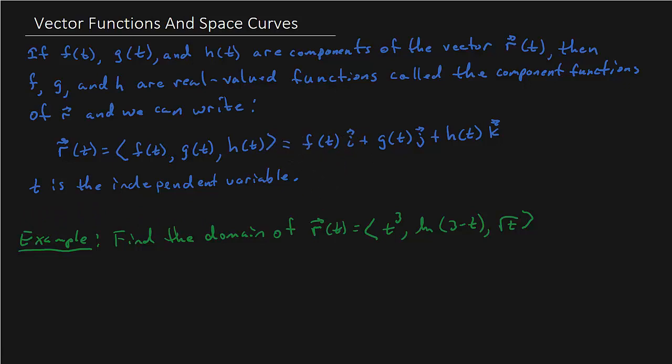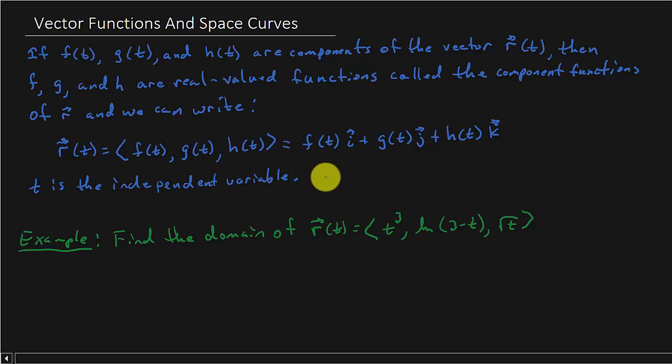And remember, vector i is the vector 1, 0, 0, j is the vector 0, 1, 0, and vector k is the vector 0, 0, 1.